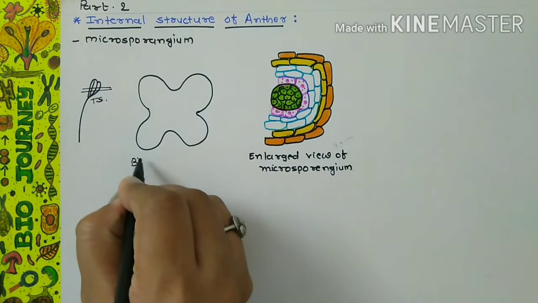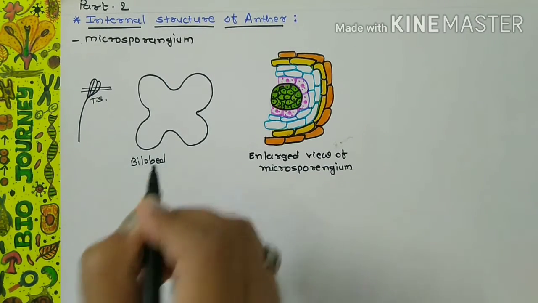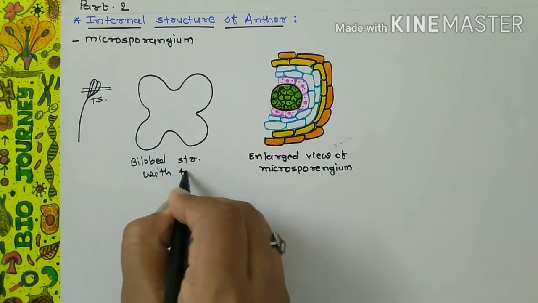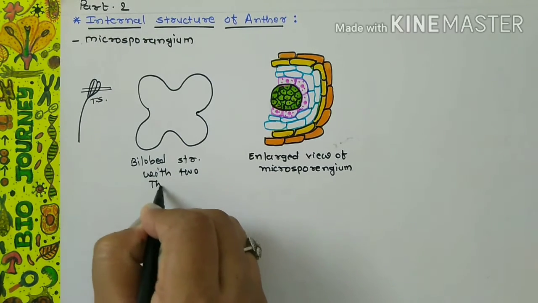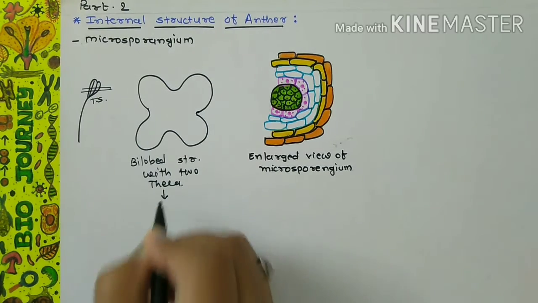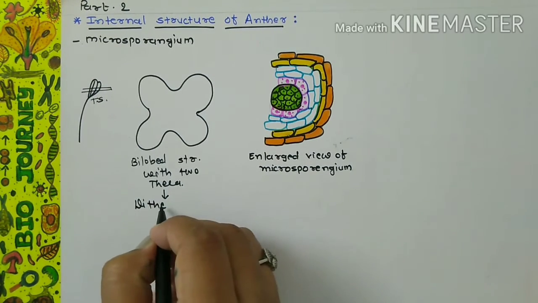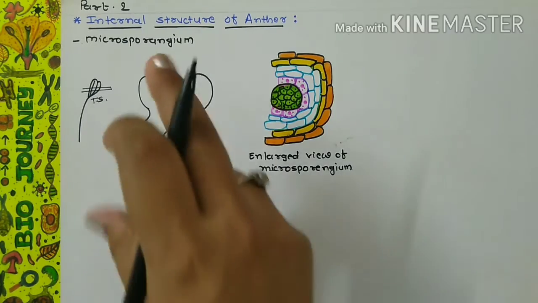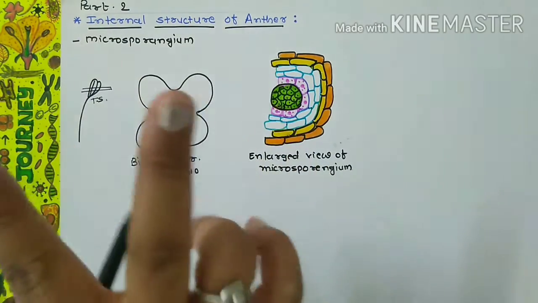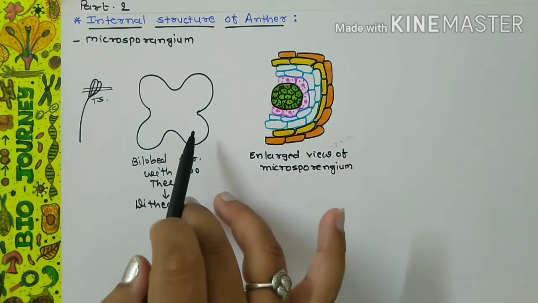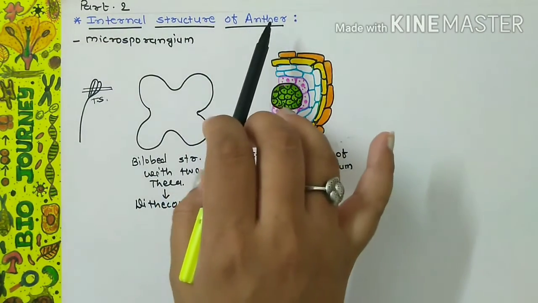Let me write here: bilobed structure with two theca. This is known as ditheca structure. So two major portions, each having two sub portions. Here you can see these four different regions of the anther.